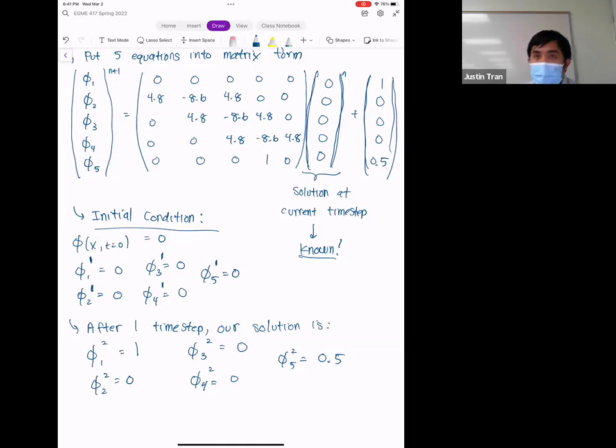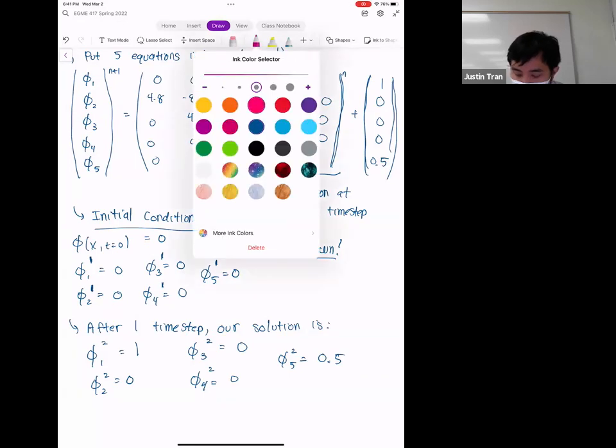Now that we solved this for one time step, let's go ahead and solve it for another time step. When n here is equal to 2, we kind of move on, and our previous solution that we solved for now becomes our known solution. So what I'm going to do now is replace this with the solution that we just computed.